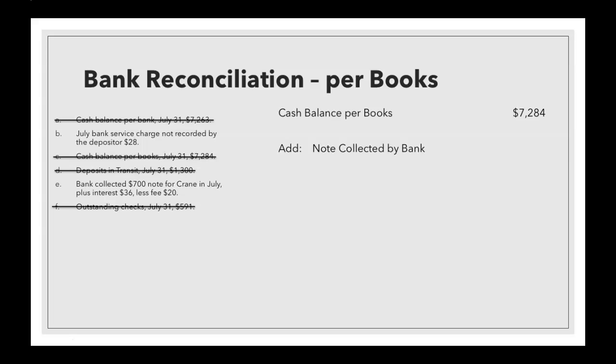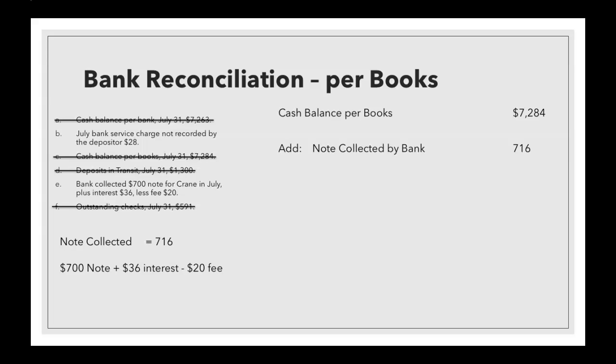So we take a look at the information given to us. It says bank collected a $700 note plus interest of $36 less a fee of $20. So we need to figure out how much money we actually got here. We take the face value of the note, add in the interest, subtract out the fee, and we see that we collected $716 in cash.